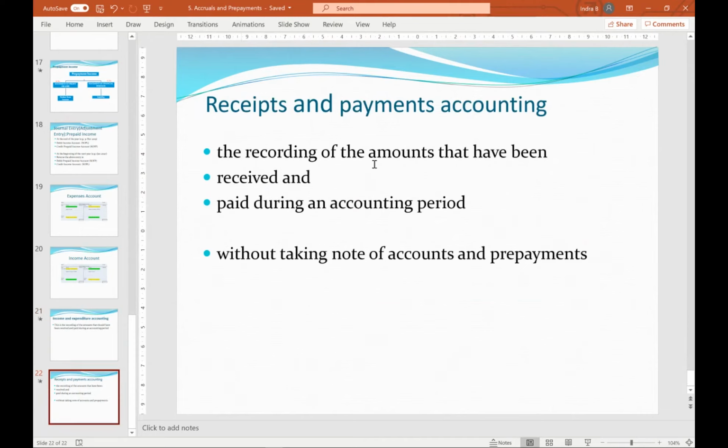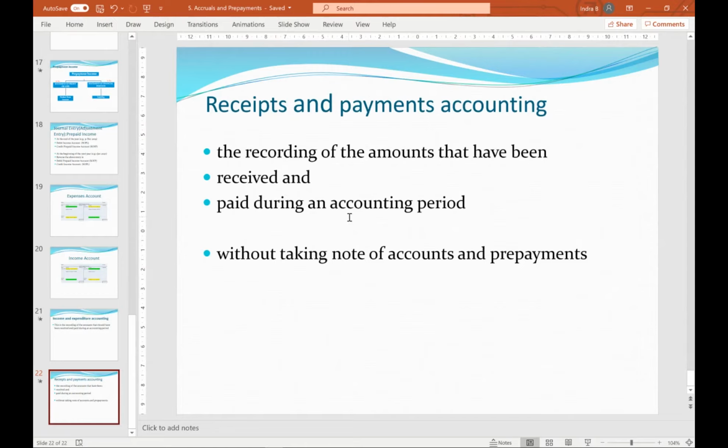So receipts and payment accounting is recording of amounts received and paid during the accounting period, without taking note of accruals and prepayments. We do not consider the accruals and prepayments.